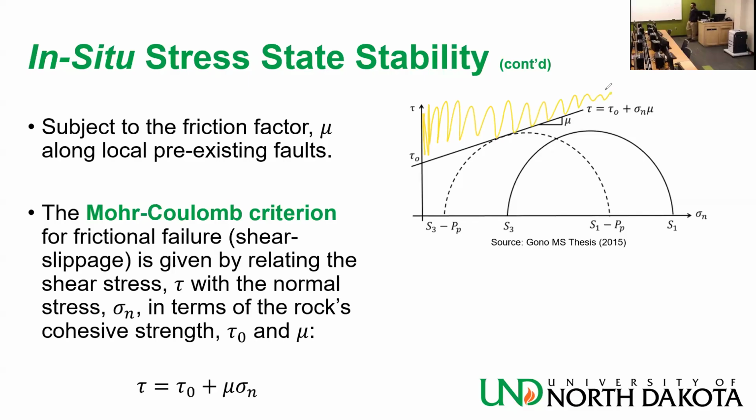Anything in this yellow region indicates failure. The equation for that line is tau equals tau naught plus sigma n times mu. And then I have S1, the most compressive stress, and S3, the least compressive stress.